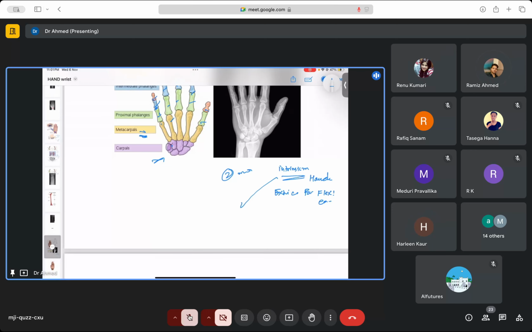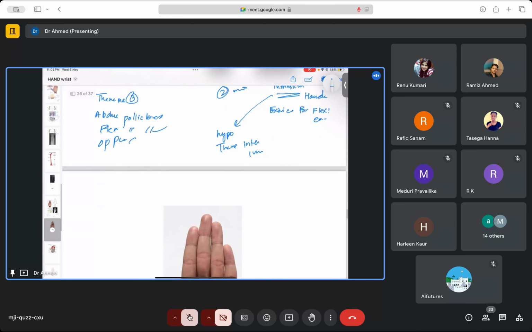Okay, so in the intrinsic muscles, you have hypothenar muscles, your thenar muscles, your interossei, already discussed, and your lumbricals. You have three thenar muscles: abductor pollicis brevis, flexor pollicis brevis, and opponens pollicis. The flexor is going to flex your thumb, the abductor is going to abduct your thumb, and the opponens, what is the opposition movement?